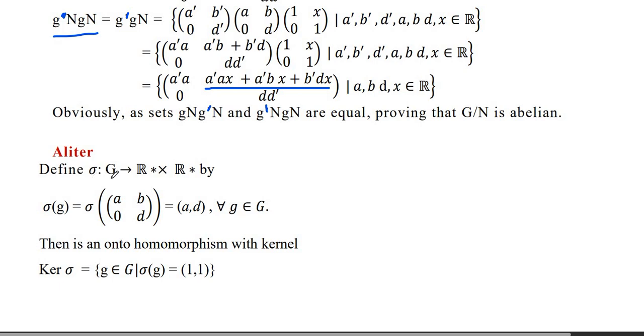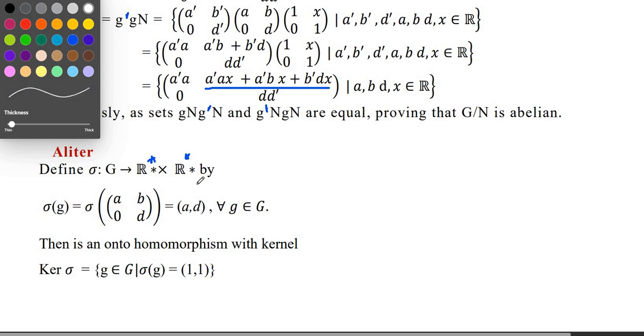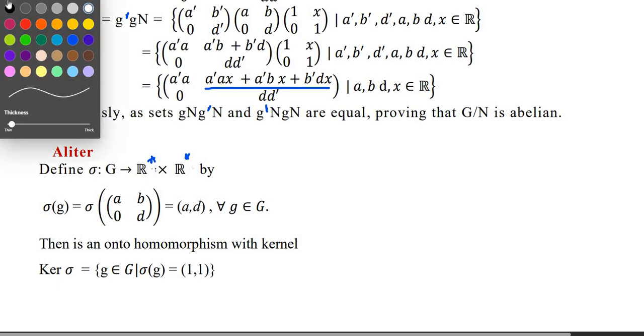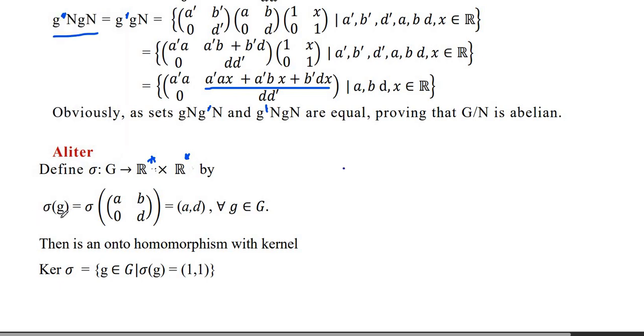You define a mapping sigma from G to R star cross R star. So sigma is defined in this way. Sigma of any arbitrary element of G is of this form.